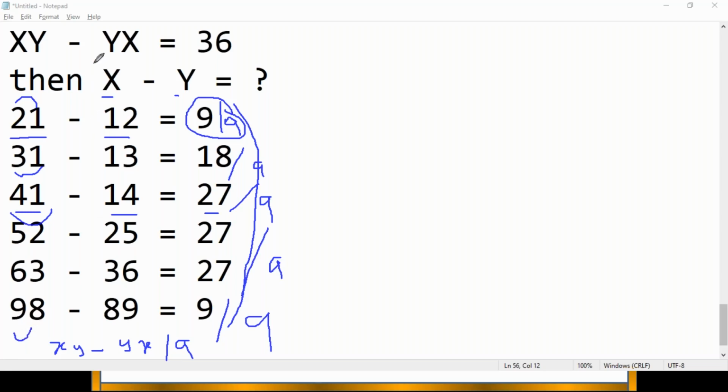Similarly, whenever xy minus yx is 36, x minus y should be 36 by 9, right?